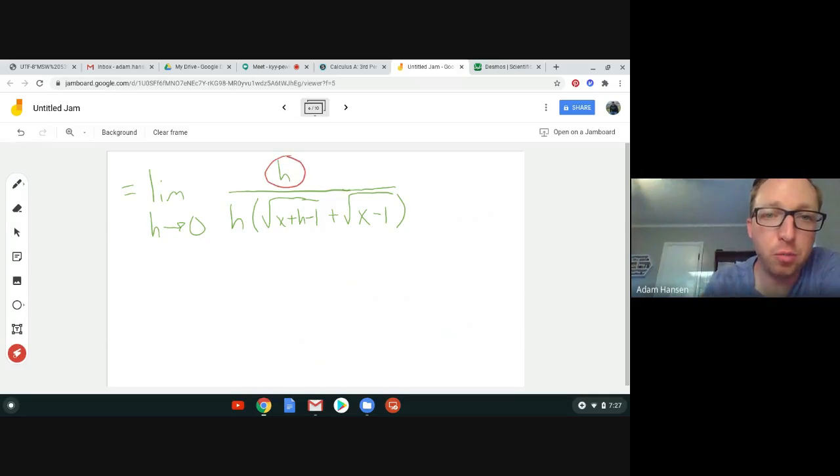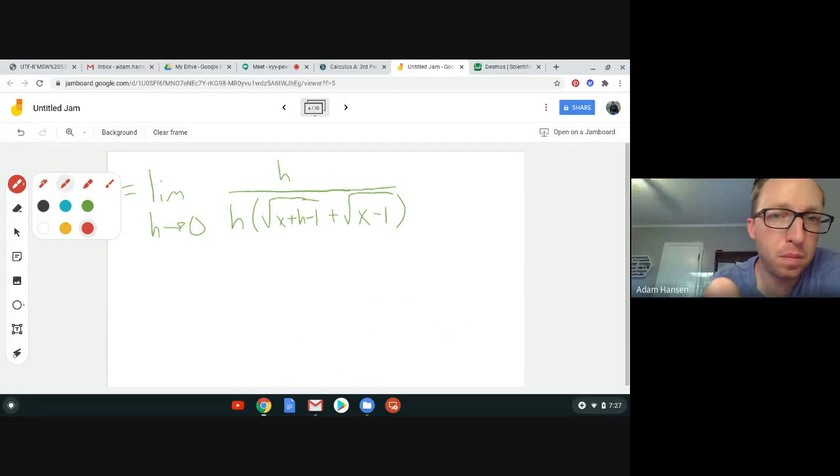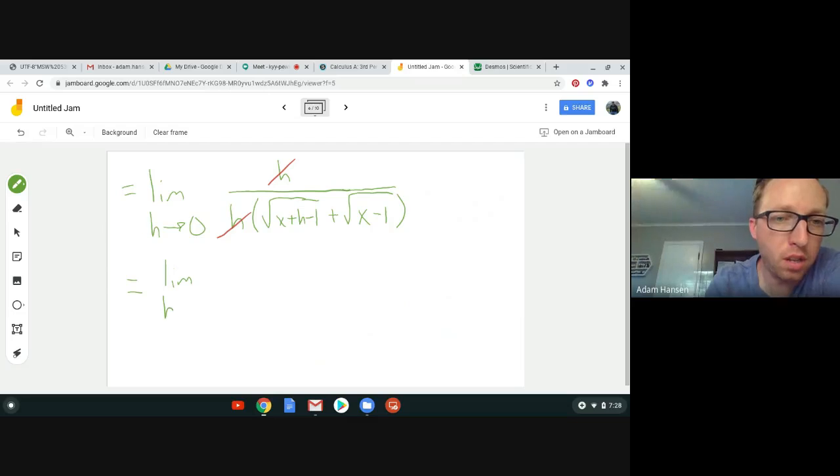Notice I have an h in the numerator and denominator to cancel out. So equal to the limit as h goes to 0 of 1 divided by the square root of x plus h minus 1 plus the square root of x minus 1.